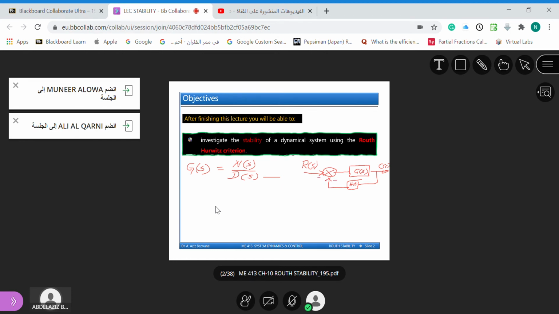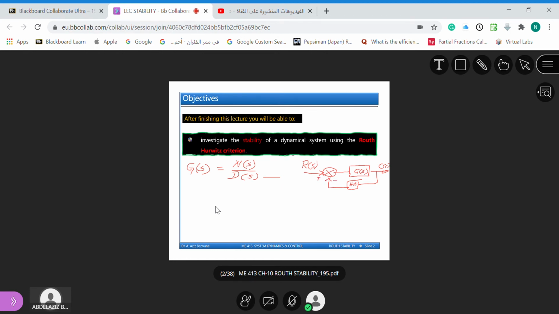So negative, positive, and then this. In the characteristic equation, it is written in this form: 1 plus g of s h of s.